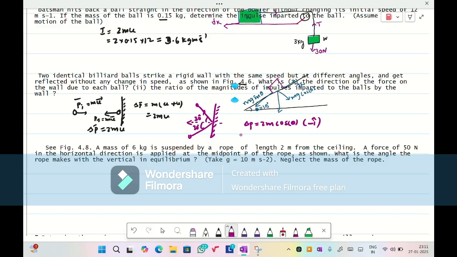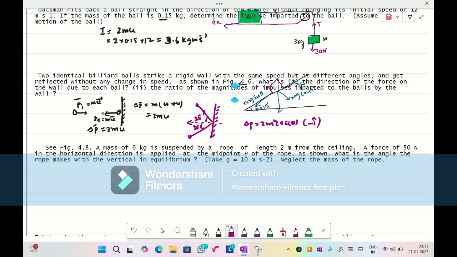Force is equal to dp by dt. The ratio of magnitudes of impulses imparted to the balls by the wall: this is change in momentum, and 2mu gets cancelled, cos theta will come. Theta equal to 30, that equals root 3 by 2. So here theta is equal to 0, not 90. Perpendicular means don't follow cos 90 equals 0 like that.